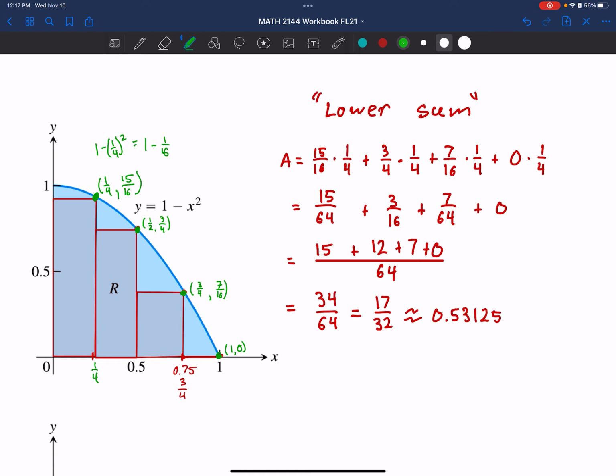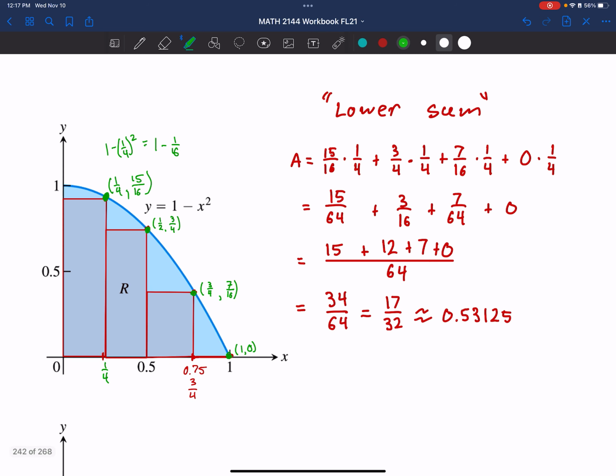Yeah, Cadence. How do I get the height? Yeah, so one thing to note is how we're basing our subdivision. If you notice that our bases are equally dividing up, so you can see we have a distance of 1/4 along every single rectangle along the horizontal axis. Are you okay with that?